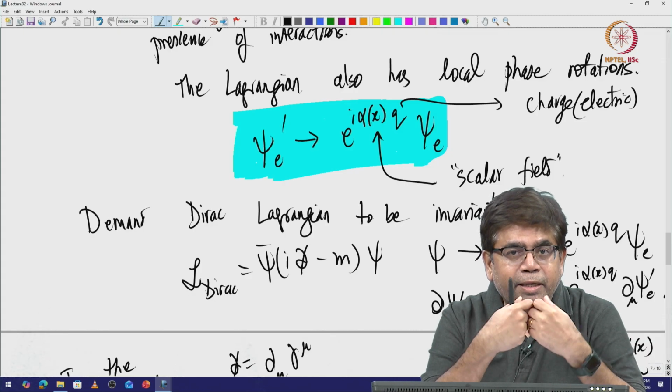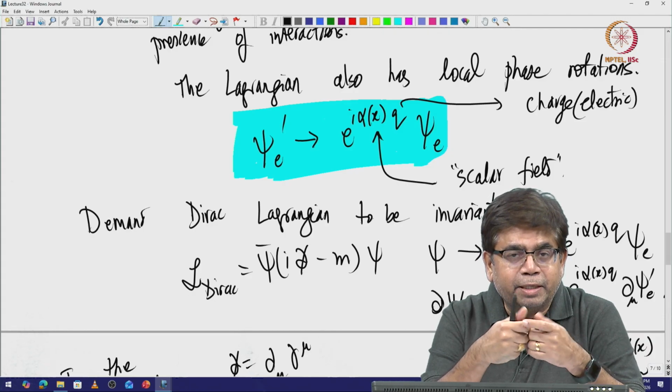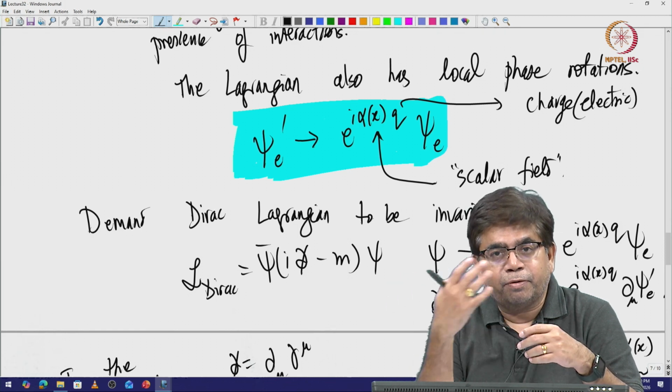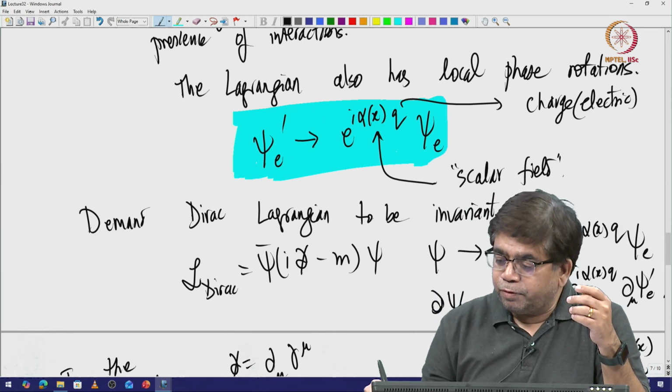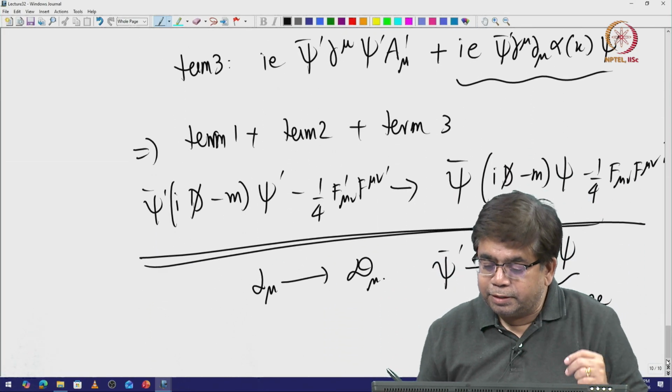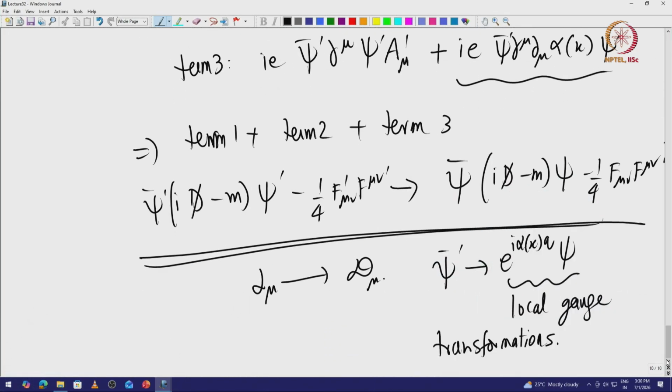Because we are demanding the symmetry at every space time point, you always have a gauge boson associated with it, which is nothing but your photon field. This is the full QED Lagrangian, understood and written in terms of the internal symmetries essentially.